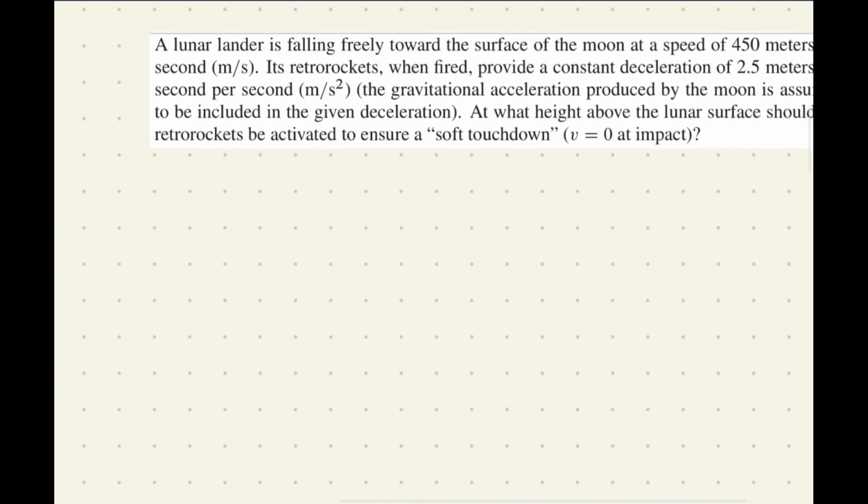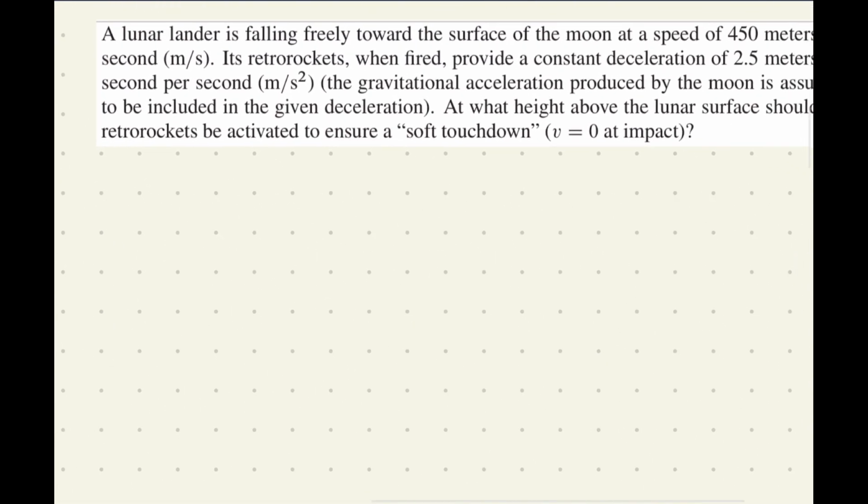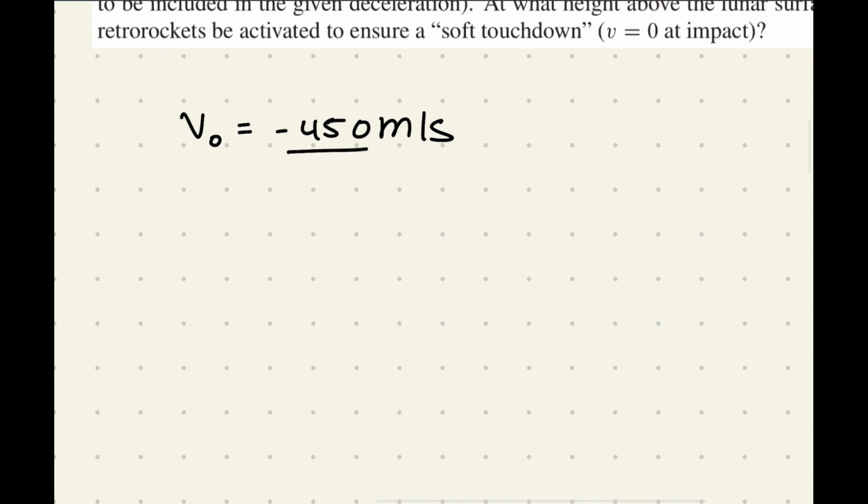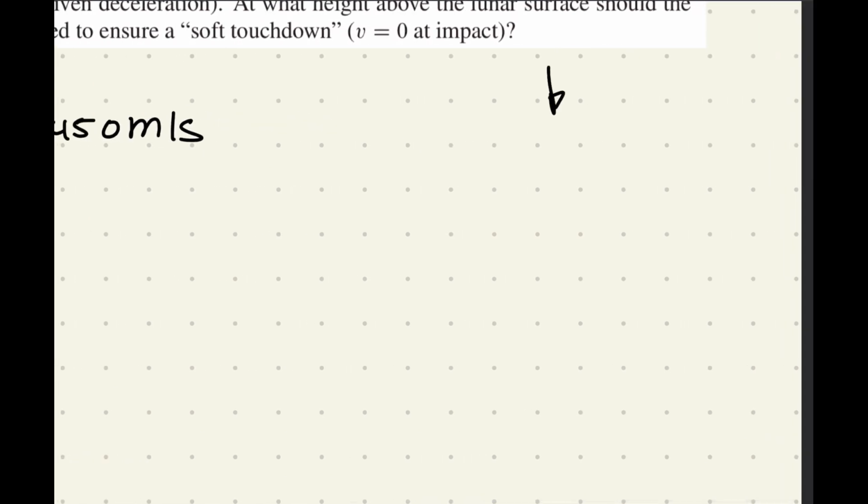So what do we know from this word problem? We know that our initial velocity, which we call v naught, is negative 450 meters per second. I say negative 450 because it is heading towards the ground. It is going down.